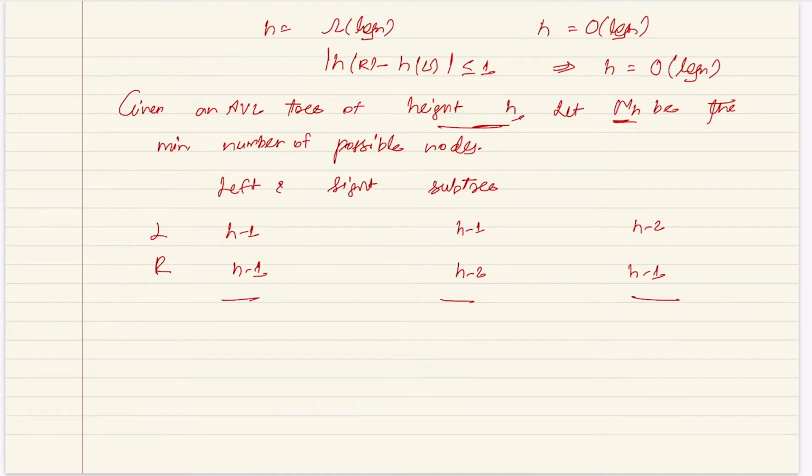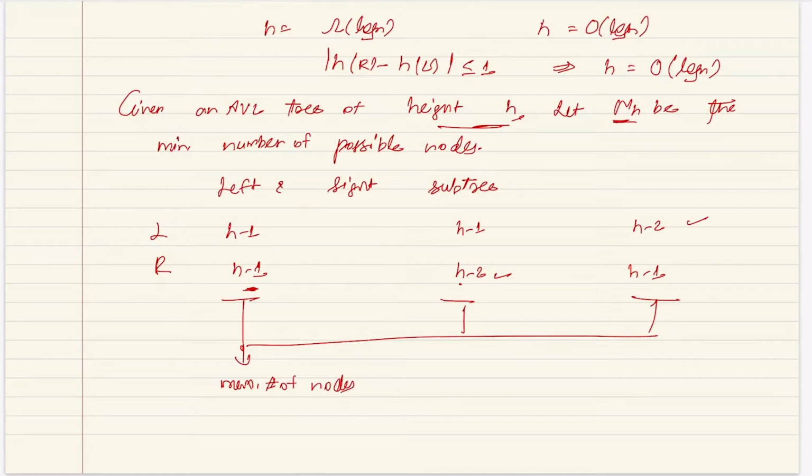Obviously here the height is smaller in both the cases, so the nodes you can have here will be at least one more than this. If you need to maintain one more height for one of the trees, you need to have at least one more node. So that means among the three things, this will have the maximum number of nodes.